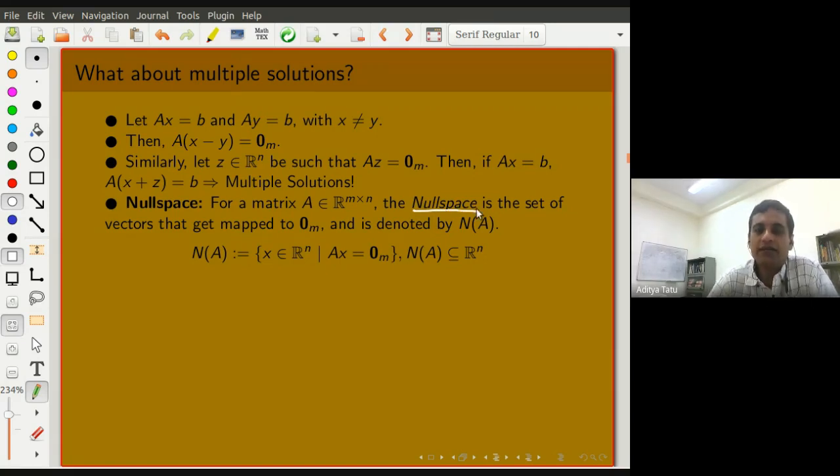Given any matrix A of size m cross n, the set of vectors in Rn that get mapped to the zero vector is called the null space. It is denoted by N(A). Mathematically, it is the set of all vectors x in Rn such that Ax is the zero vector.